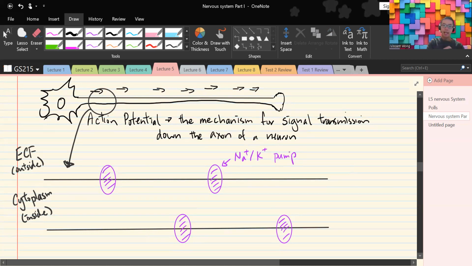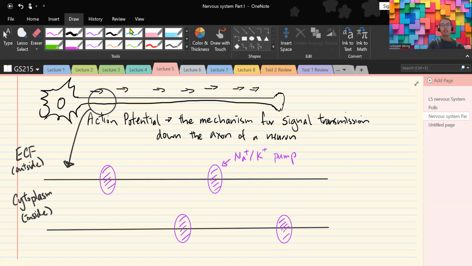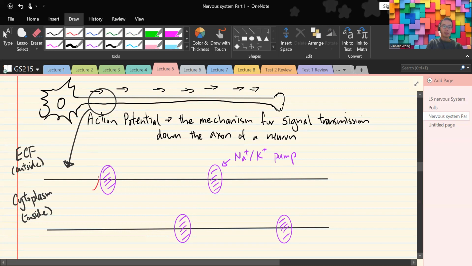Using ATP, the sodium potassium pump is going to pump sodium out of the cell. It's going to pump 3 sodium out in exchange for what? Potassium.